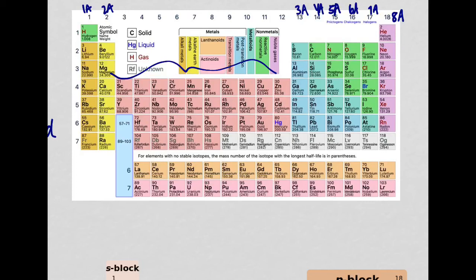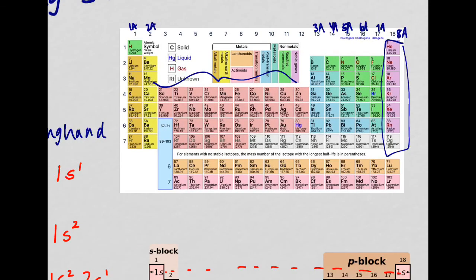Right? Okay, so group 8A, this purple group here, is the happiest, best, most chill group. This group is called the noble gases.